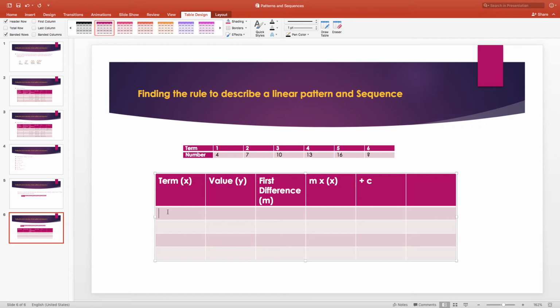So here we've got 1, 2, 3, 4. I've got a fifth term there. I could put that in.